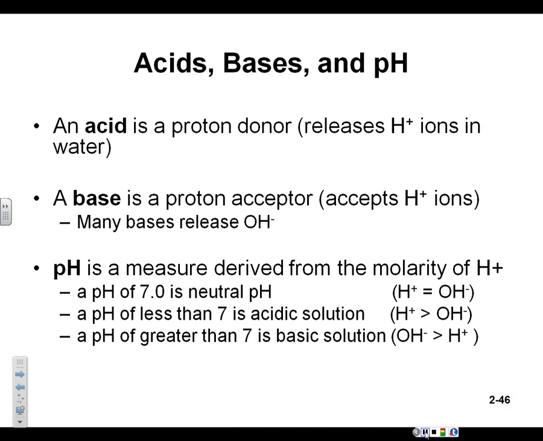If it's neutral, that means the number of hydrogen ions equals the number of hydroxide. If it's acid, that means the number of hydrogen is greater than the number of hydroxide. If it's base, that means the number of hydroxide is greater than the number of hydrogen. So the more hydrogen you have, the more acidic a solution is. The more pH it has, or what?